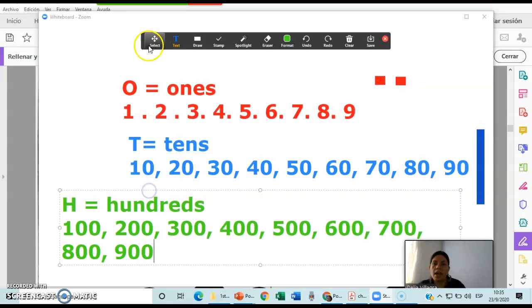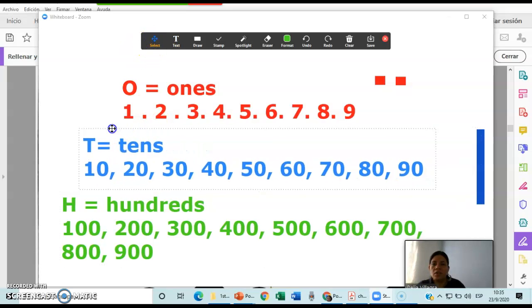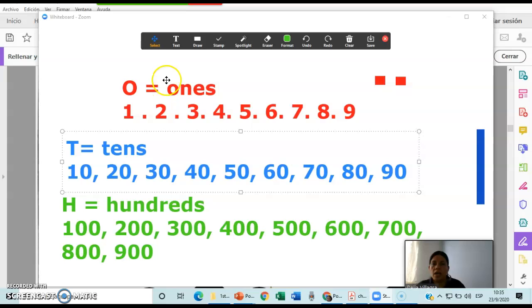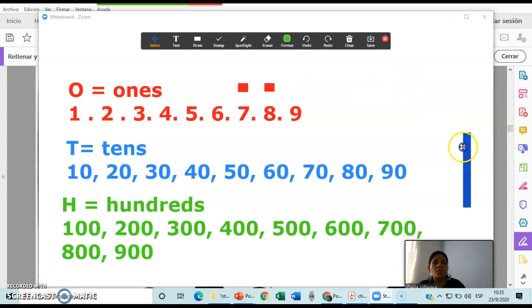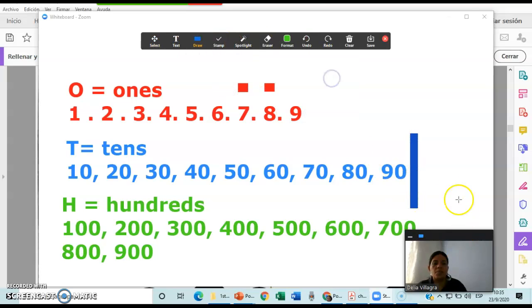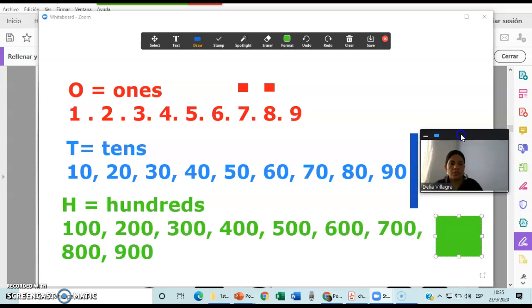Okay, so now you have the ones, the tens, and you have the hundred. How do you represent the hundreds? As I explained the other day, the hundreds you represent with a green box like this. And now you have ones, tens, and hundred.